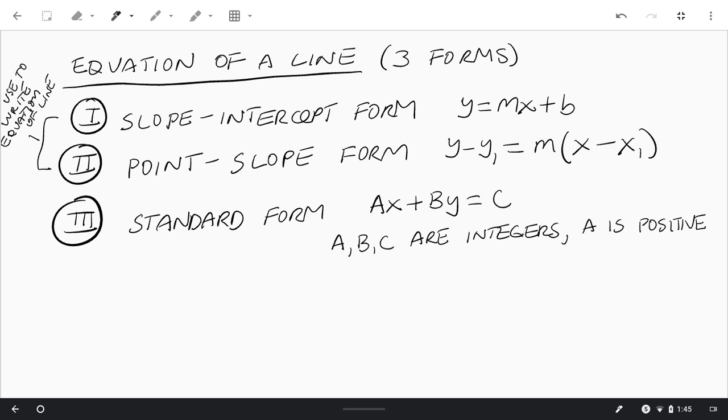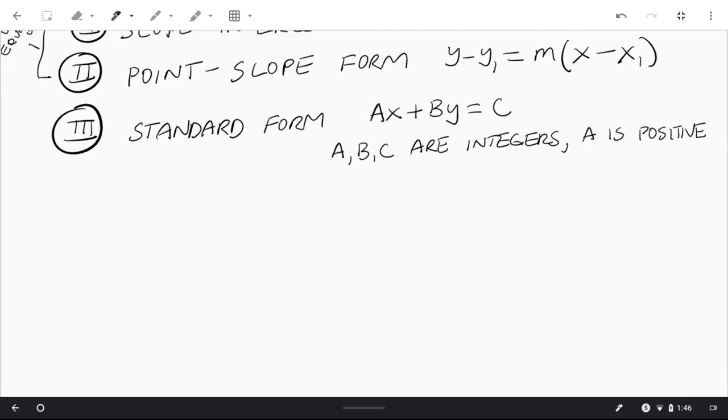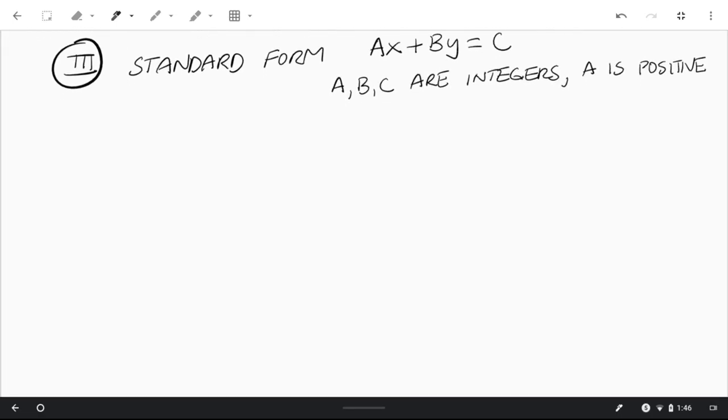You can use either one of those. Just pay attention to what form they want it in at the very end. You could use either of those two, but then at the end, it might say, write it in slope-intercept form or write it in standard form. So make sure you write it in the correct form at the end, regardless of which method you use to find the equation.